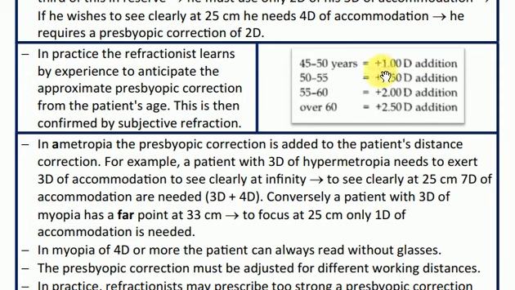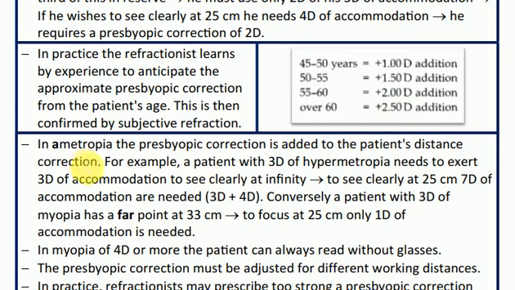Near addition for 50 to 55, increase it by 0.5. For every 5 years, increase it by 0.5. So above 60, 2.5.